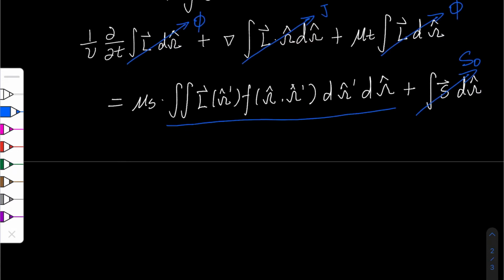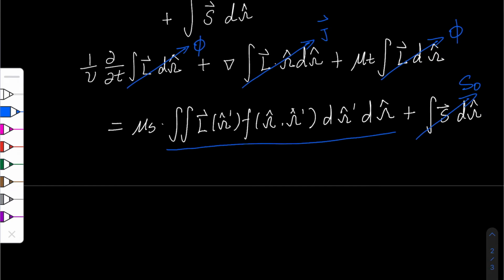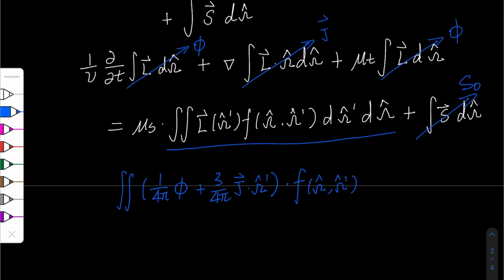The first thing to do is insert the P1 approximation of L. That would be the integral of 1 over 4 pi phi plus 3 over 4 pi j times omega hat prime, times f of omega hat prime, d omega hat prime d omega hat.